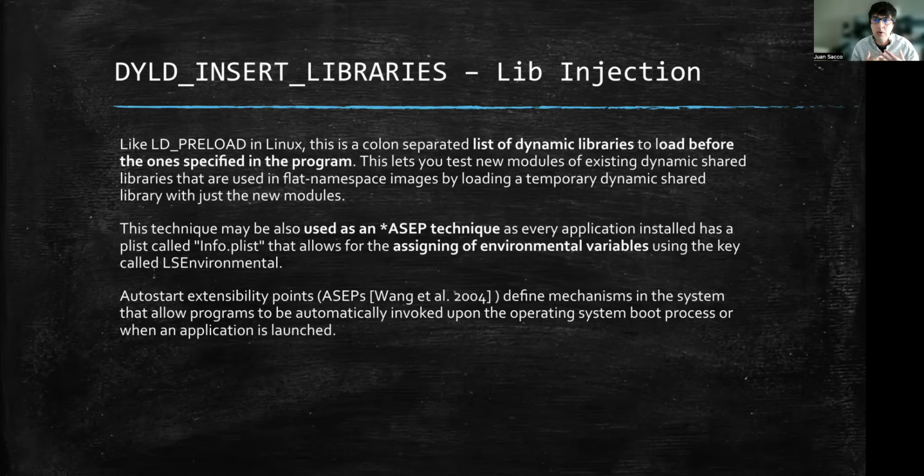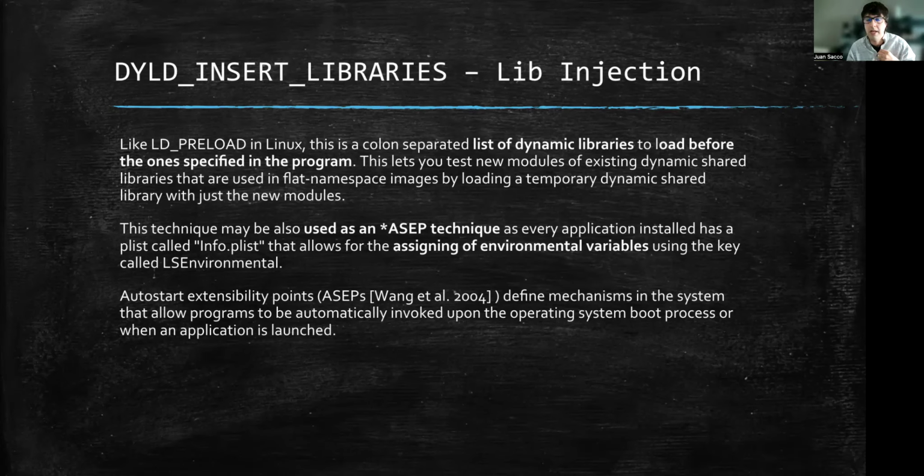We are using these features in Windows, Mac, or Linux typically to do code injection or privilege escalation. Because if you can inject code into an application that is running with higher privileges than yours, then you can do some privilege escalation.